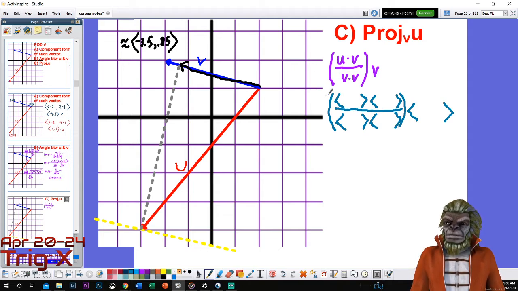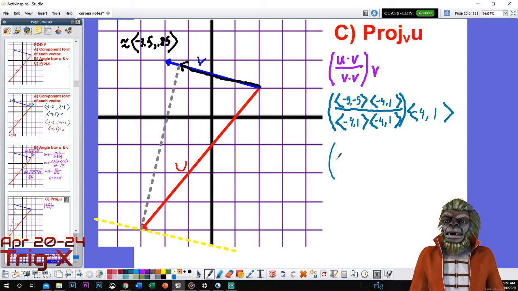Okay, let's go. So we said that vector u was negative 5, negative 5. And then vector v was negative 4, 1. So I'm going to keep copying negative 4, 1 over and over again. There they are.